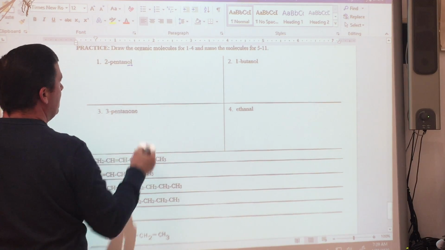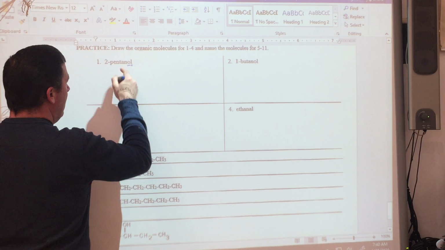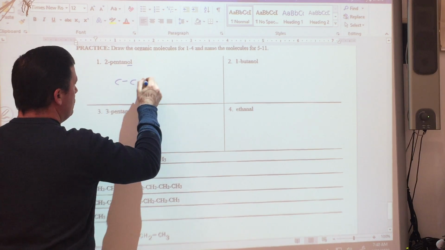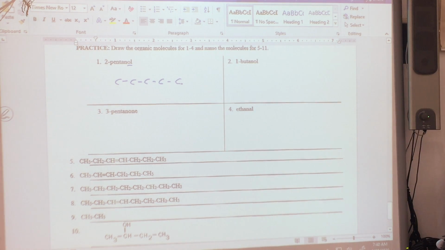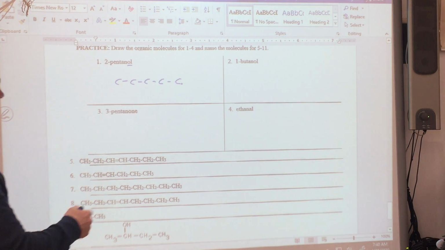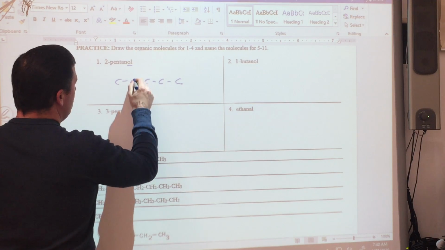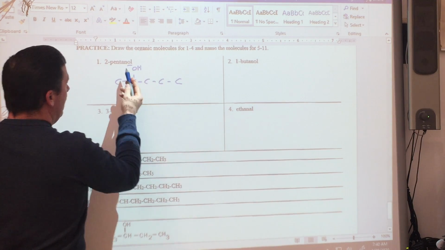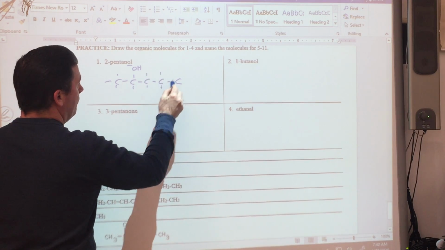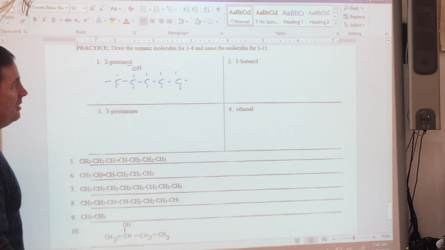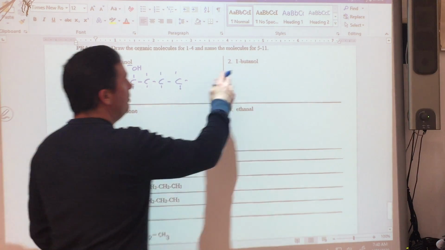2-pentanol. OL indicates that it is an alcohol. Pent means 5. 1, 2, 3, 4, and 5. You should probably pause and try to do these by yourself. Number 2. That means the hydroxyl group is attached to number 2 carbon. There's 2-pentanol. 1-butanol.